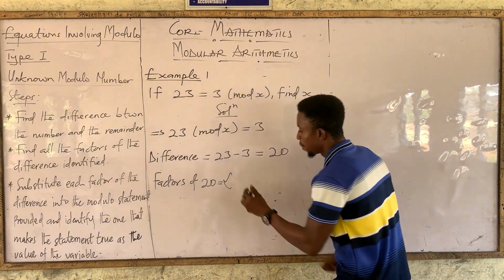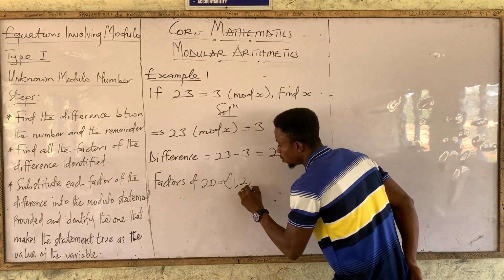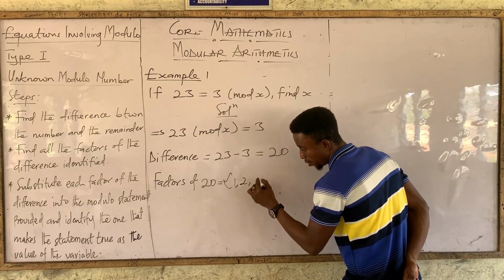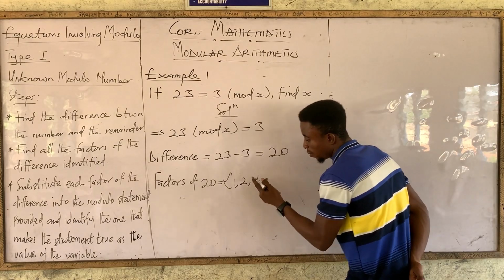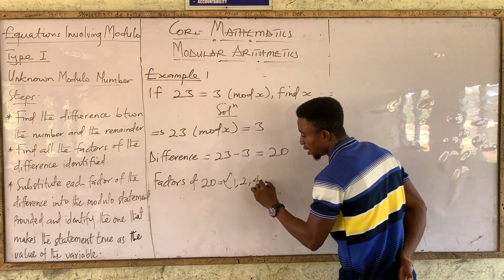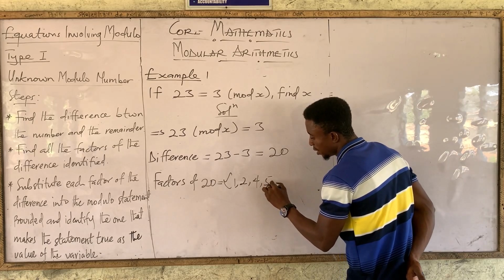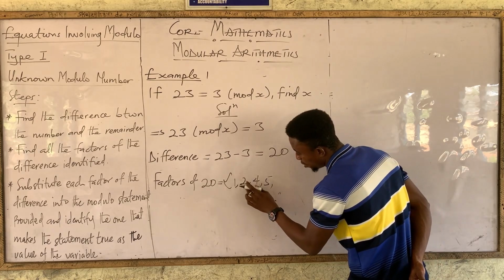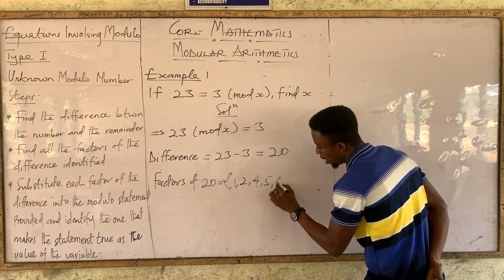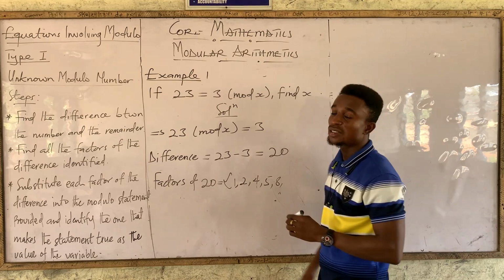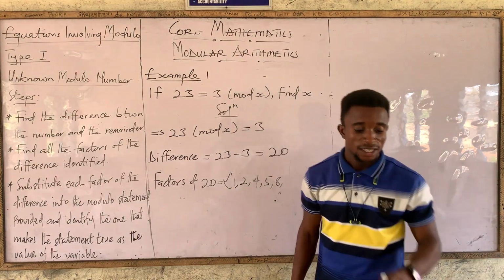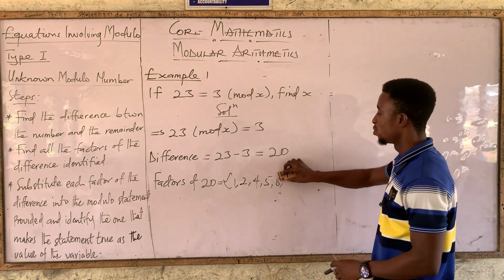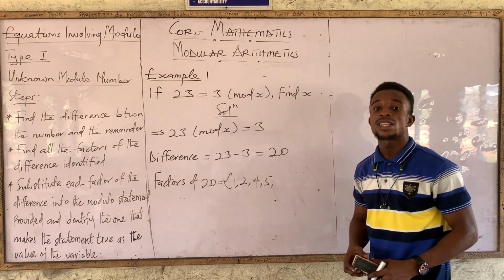So factors of 20: I have 1, 2, 3 is not part. I have 4, and 4 times a certain number will get me 20. I also have 5. I also have 8, but 8 times no number will get you 20, so 8 is not a factor.